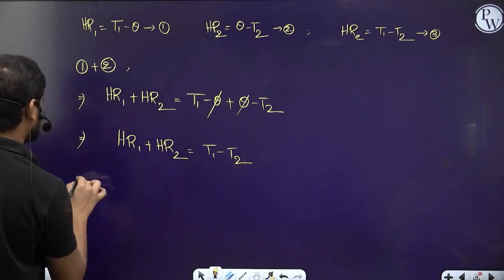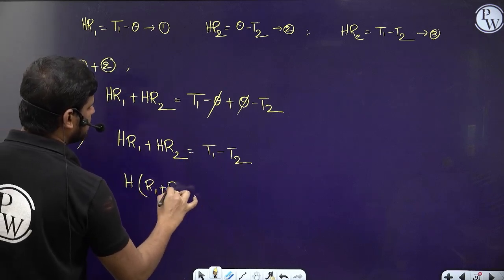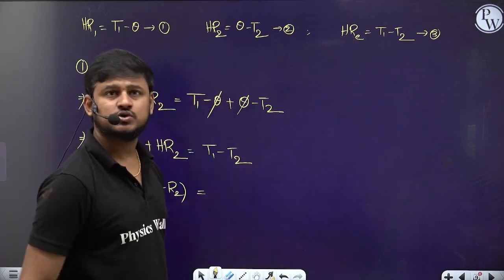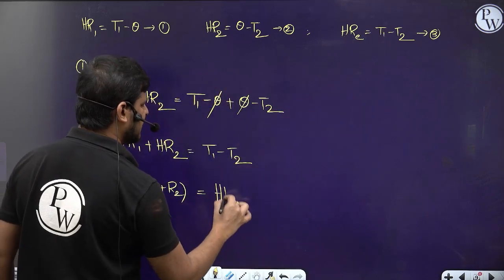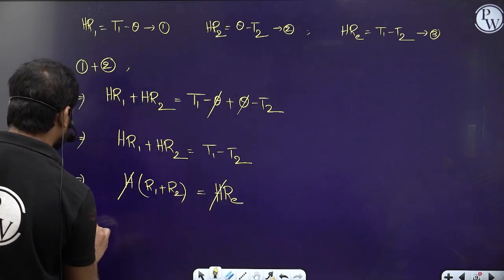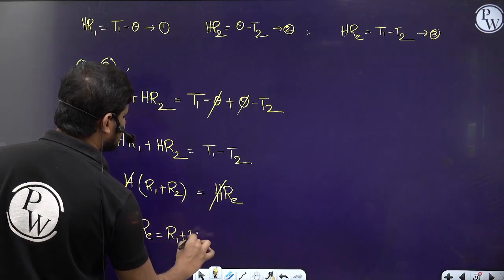Let's do one more step. Taking H common, H times (R1 plus R2) is equal to T1 minus T2. What is T1 minus T2? HR equivalent. So here H gets cancelled, and R equivalent is equal to R1 plus R2.